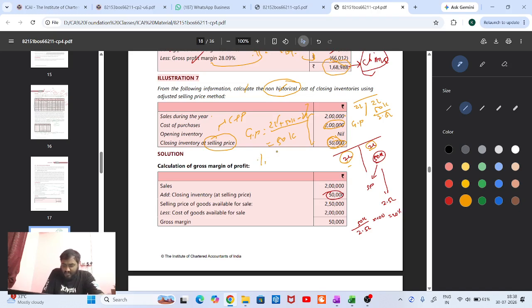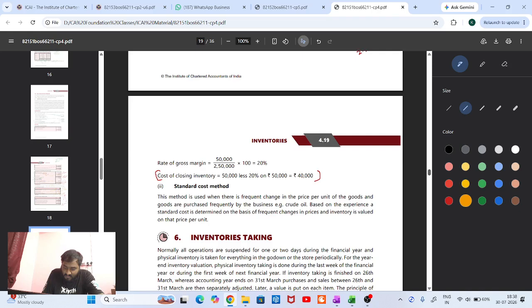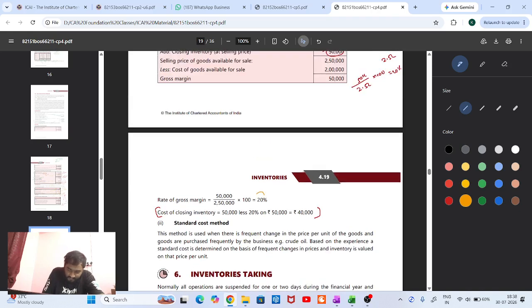Gross profit margin is 50,000 divided by sales, 2 lakh plus 50,000, 2.5 lakh, which is 20%. Then cost of closing inventory is 50,000 minus 20% of 50,000, which is 40,000. This is how you do it.